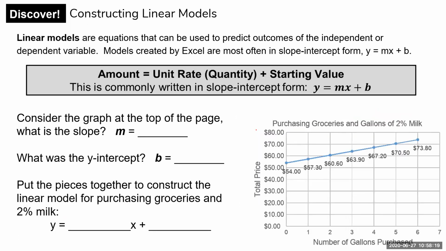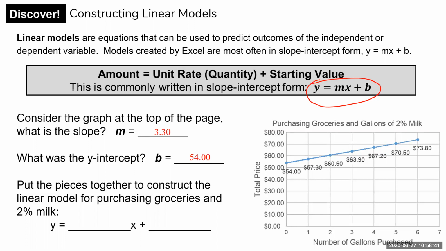Now we want to put these pieces together, and we want to form what we call the trend line equation. Now we consider the graph at the top of the page. We found our M to be what, 3.3, and we found our y-intercept to be 54. Okay.